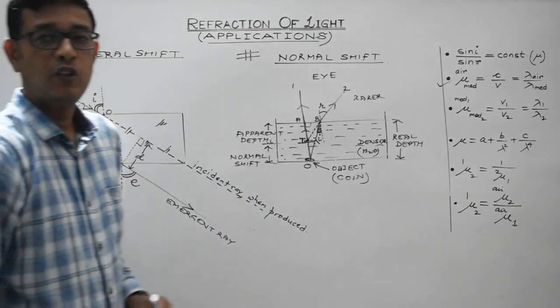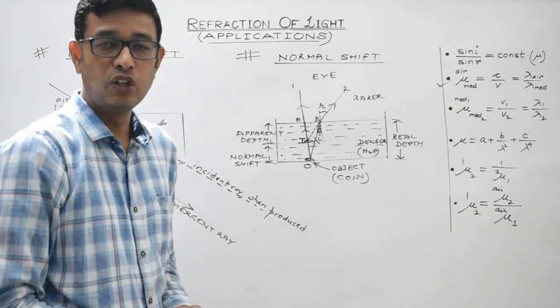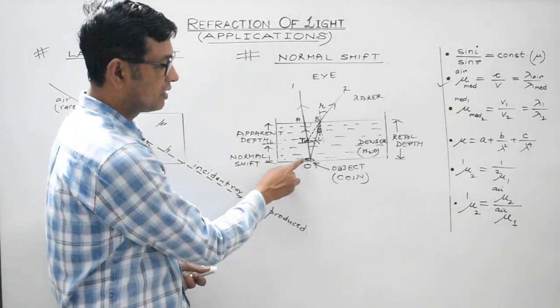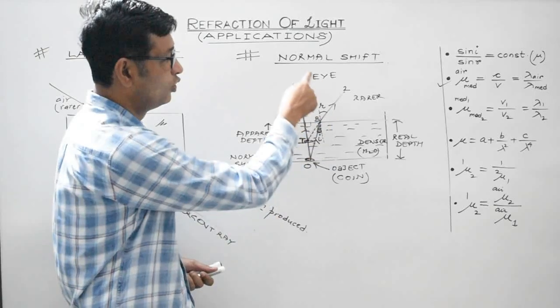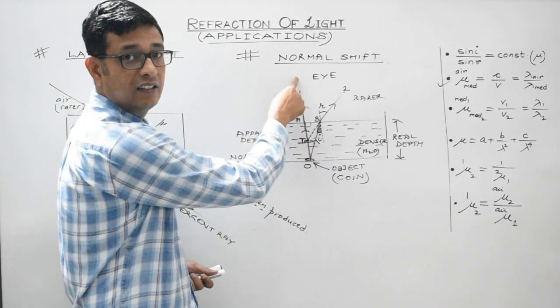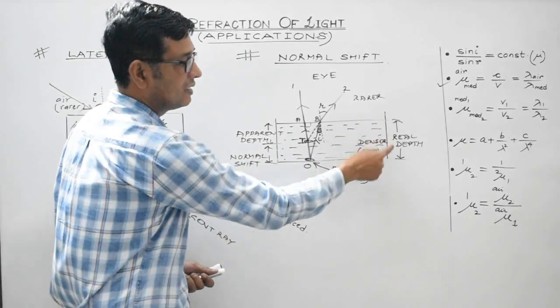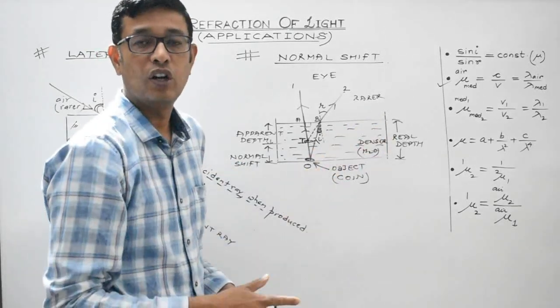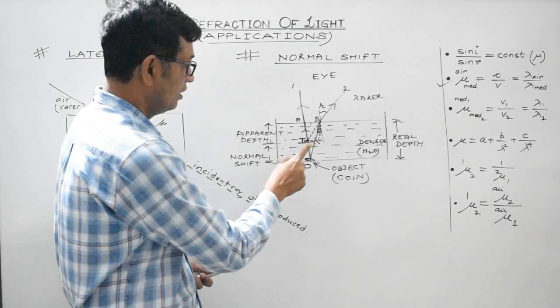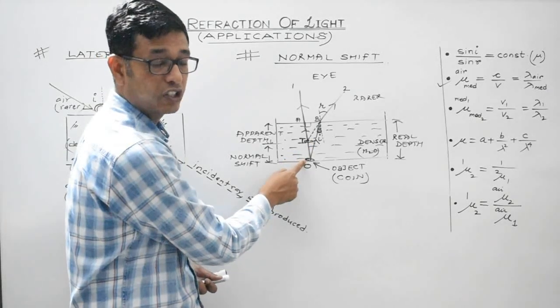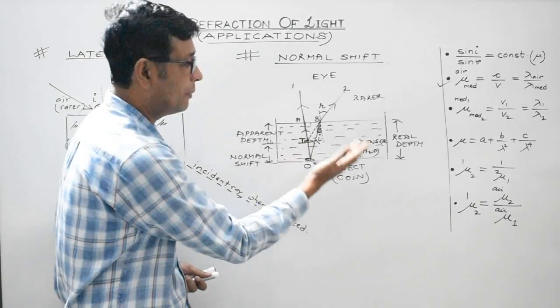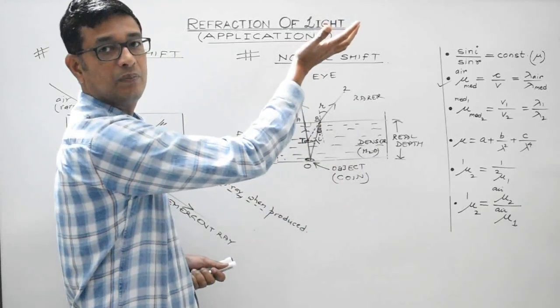Right? So theoretically what I have told you is, when an object is in the denser medium and is viewed through the rarer medium, then the apparent depth of the object is found to be less than its real depth. Or in other words, the object, which in this case is a point, will appear to be slightly raised up.